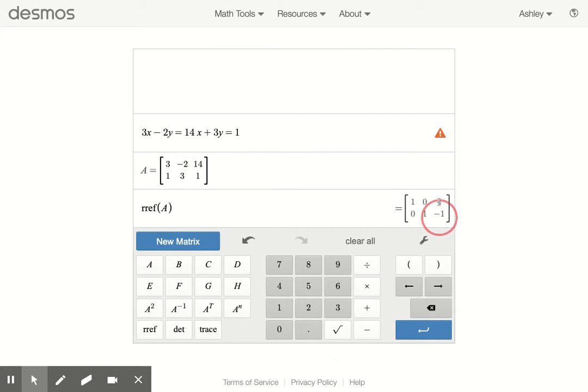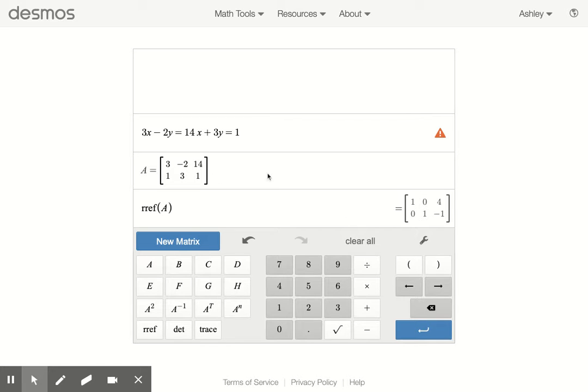And then these two numbers over here on the right-hand side are your answer. This reduced row echelon form only works if you get the identity matrix right here. So if you don't see this one's diagonal surrounded by zeros, then it's not going to work, okay? So the answer that it gives you isn't really an answer if you have anything other than the identity matrix on the left-hand side.